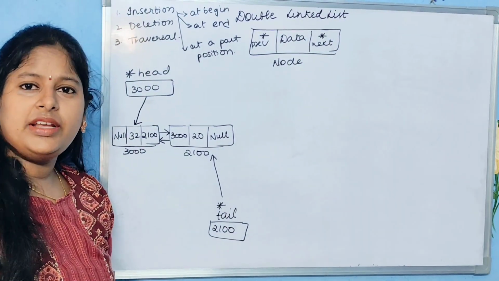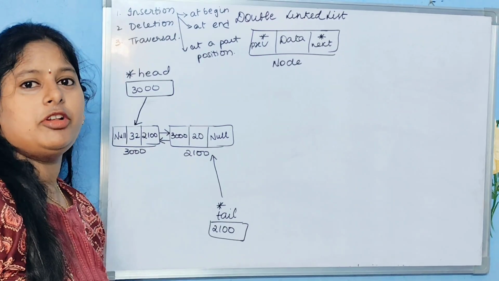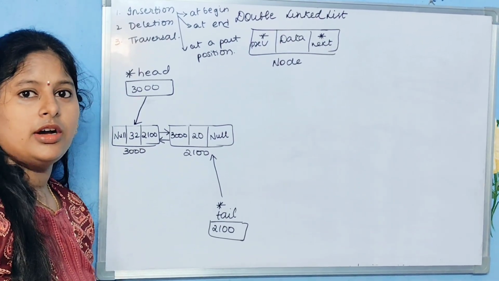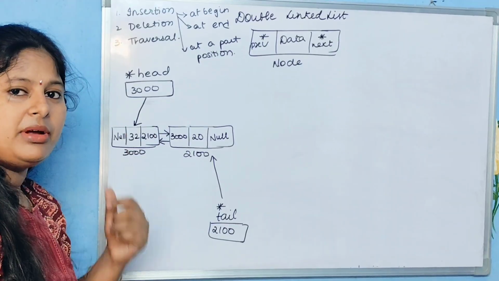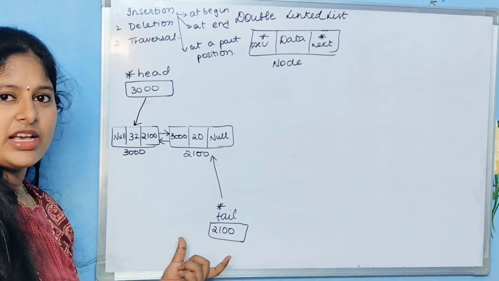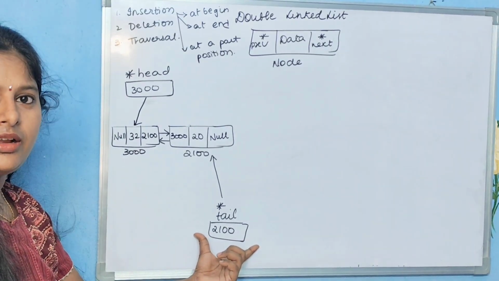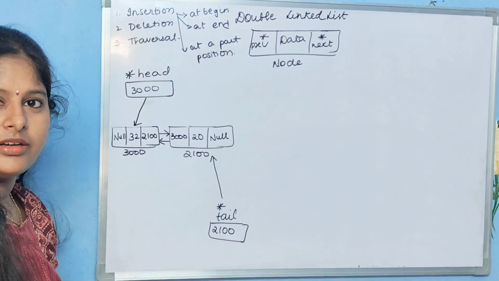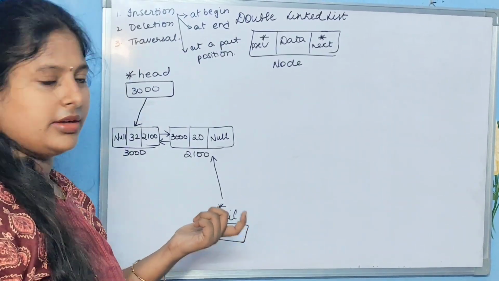So in the double linked list also, if the data part's next part is null, then it will become my last node, right? Or the easy way to find the last node in a double linked list is through the tail node. Tail always points to my last node, right? I can directly take what is there in my tail and I can directly delete that, or I can directly insert after that element, right?